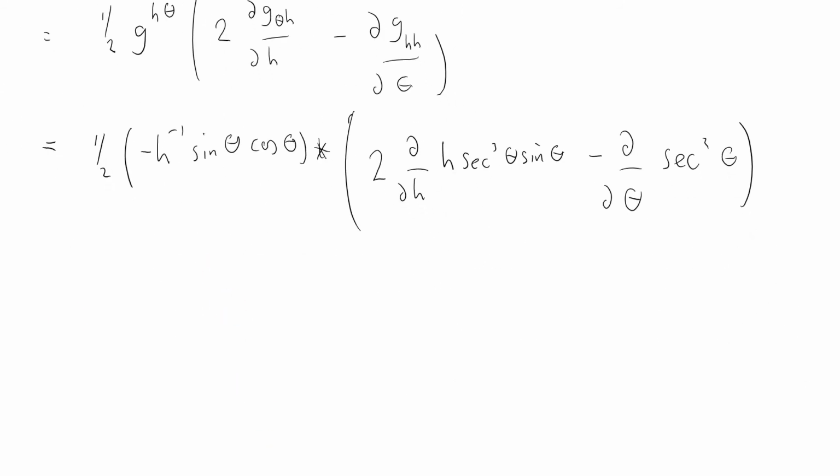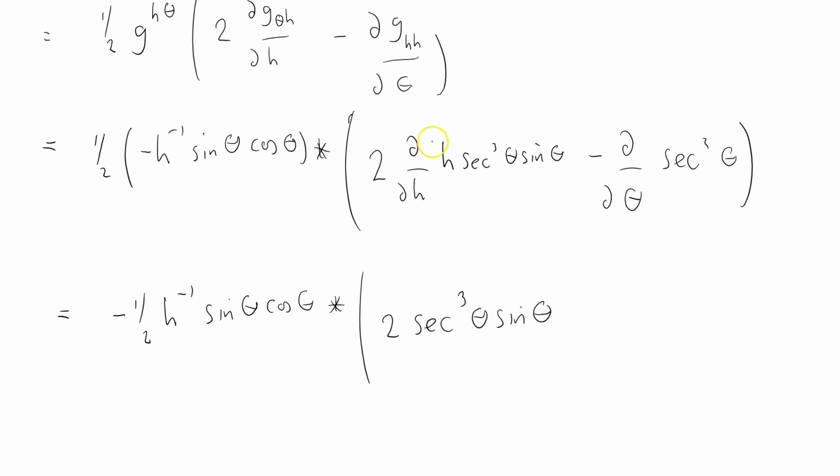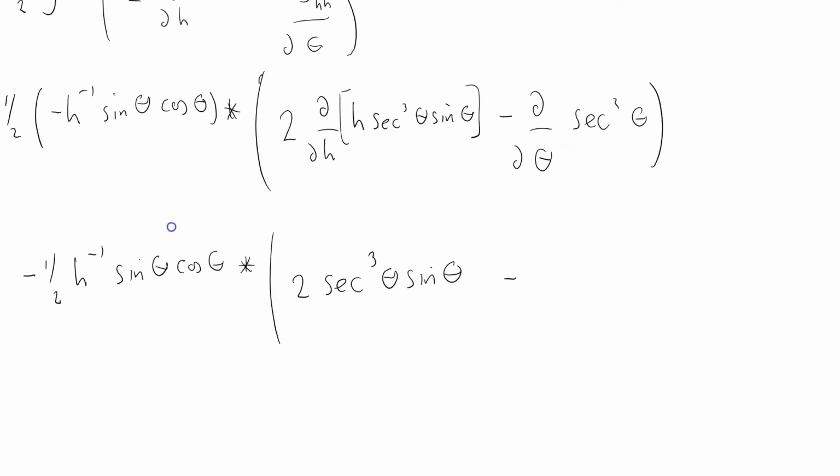No. Equals minus 1/2 H minus 1 sine theta cos theta times 2 sec cubed theta sine theta, because I'm differentiating that term there with respect to H, minus di by di theta. So that's 2 sec theta times the differential of sec.